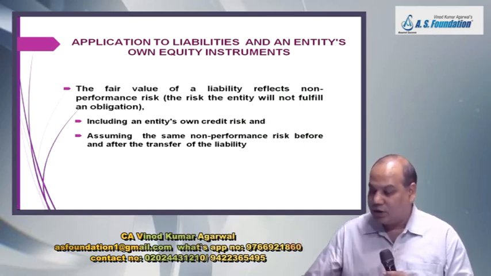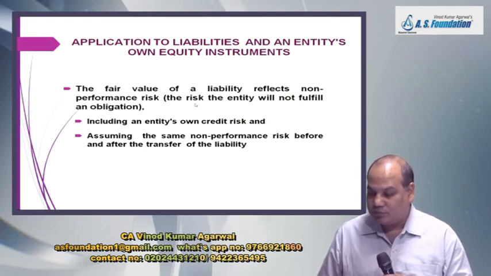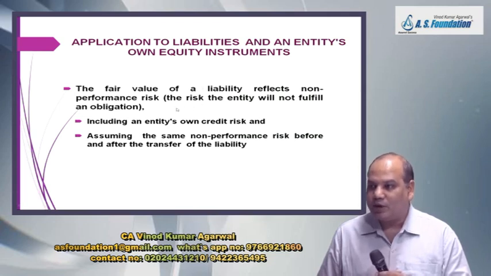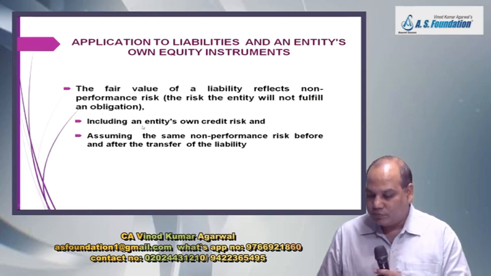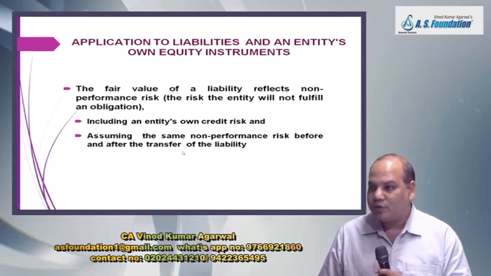But if there is a risk that this entity will not pay, we will add 0.5% more to the discount rate. So the discounting will be done at 10.5% instead of 10%. That is the meaning of incorporating the risk of non-performance, including an entity's own credit risk, and assuming the same non-performance risk before and after the transfer of liability.